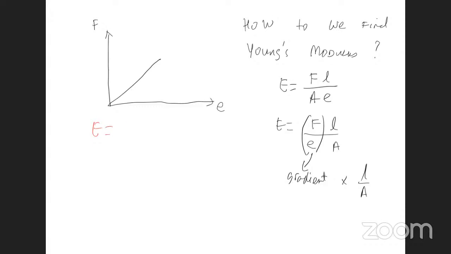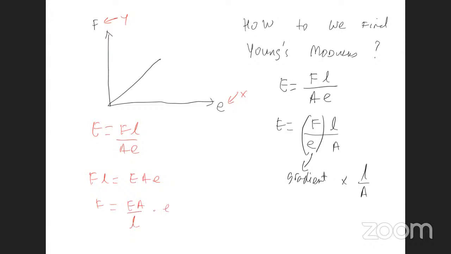Remember, you have to make F the subject. Cross multiply: F L is equal to E A times small e. Carry across the L, you'll get E A on L multiplied by e.